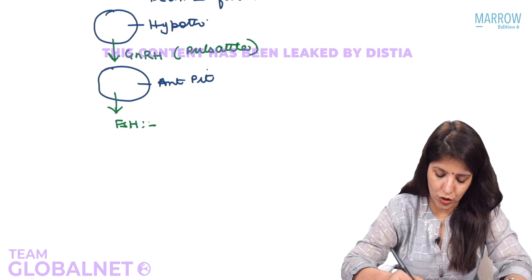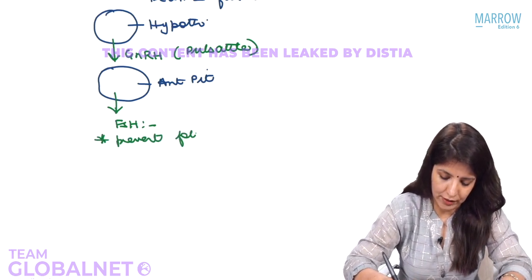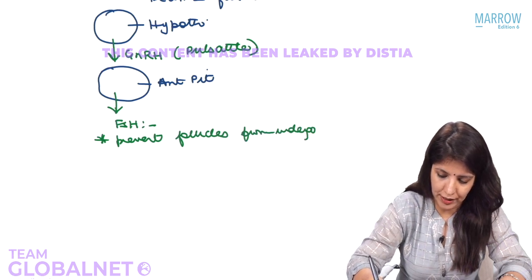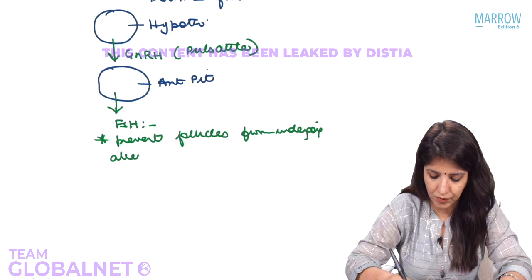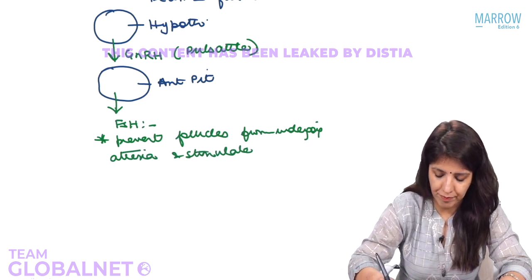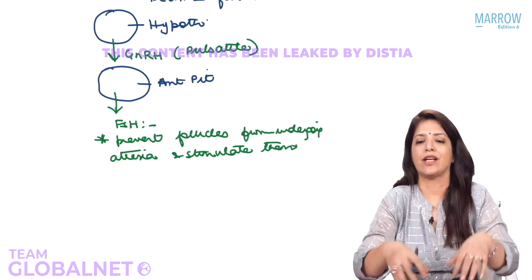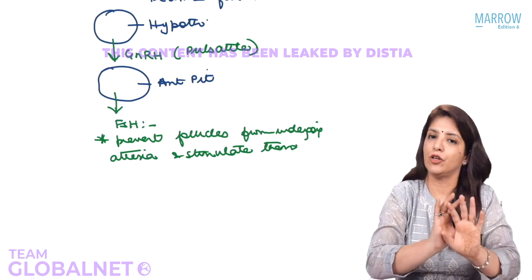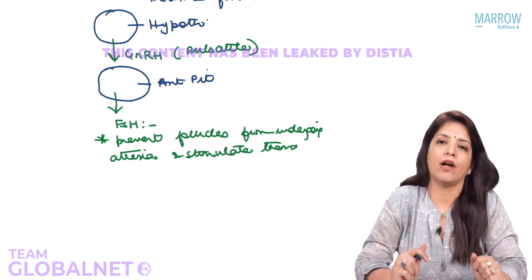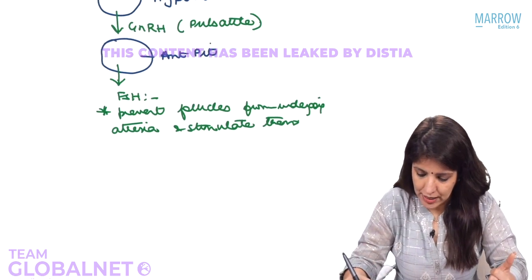So, what will FSH do? It will prevent the follicles from undergoing atresia, and it will stimulate them. Right? So, a number of follicles which were destined to undergo apoptosis will not undergo apoptosis, and rather will get stimulated. Now, when I say they will get stimulated, what do I mean to say?